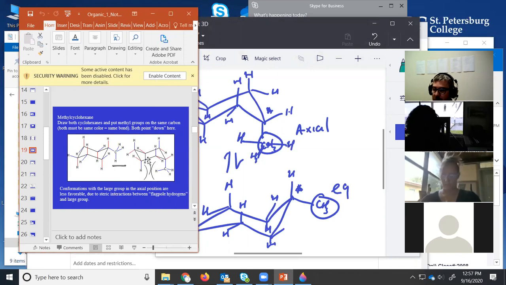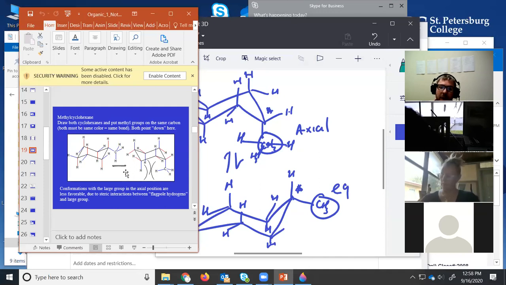So this hydrogen here and this hydrogen here are called flagpole hydrogens, and those interact with the hydrogens that are on the axial methyl group, but they don't interact with the hydrogens on the equatorial methyl group. The bottom line is that large groups, and when I say large, anything bigger than a hydrogen, are always going to prefer to be equatorial. Now, I'm not saying that the axial one doesn't form, it does.